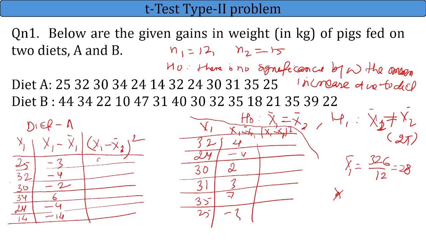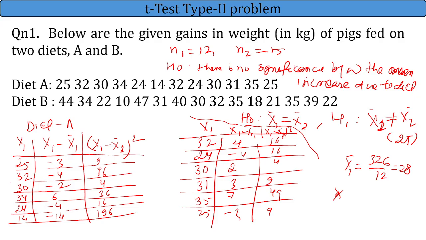This became 9, 16, 4, 36, 16, 196, 16, 16, 4, 9, 49, and this became 9.